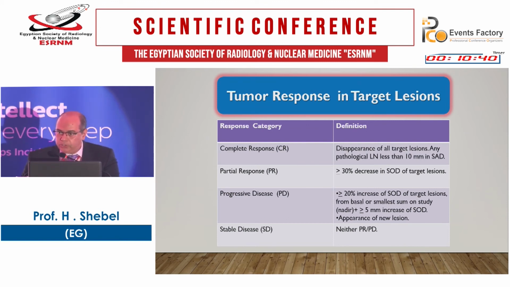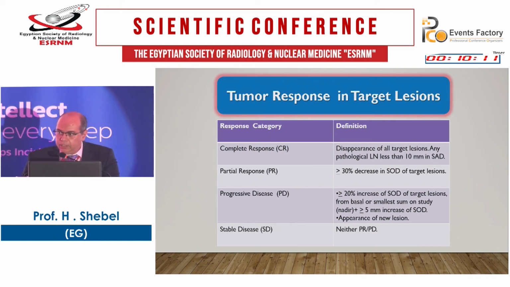So what about partial response? Partial response means a decrease in the summation of the diameters of the target lesions by 30% or more. Progressive disease means an increase in the summation of the diameters of the target lesions by 20% or more, and in addition, the total summation has increased by 5 millimeter compared with the previous study.